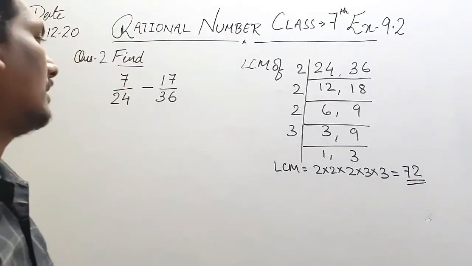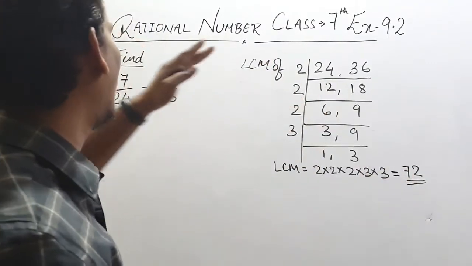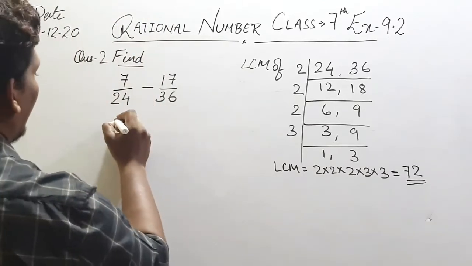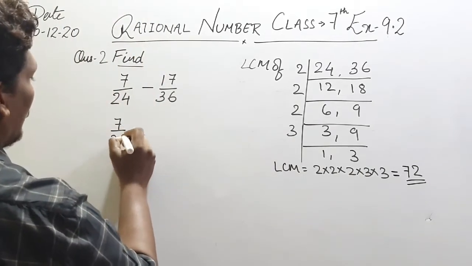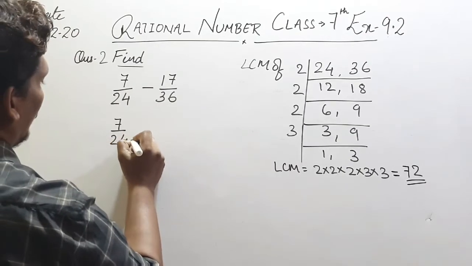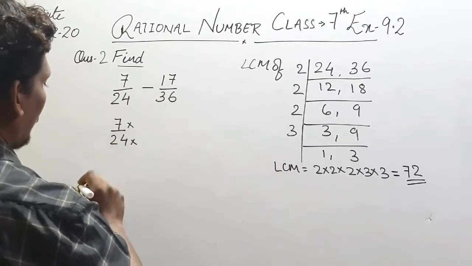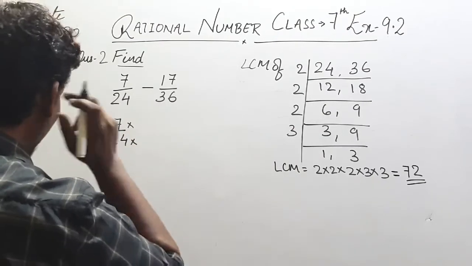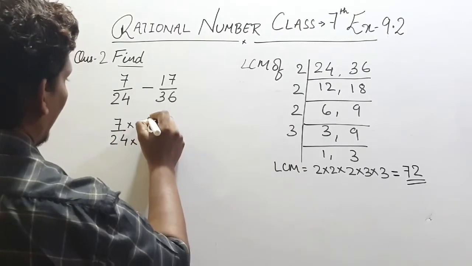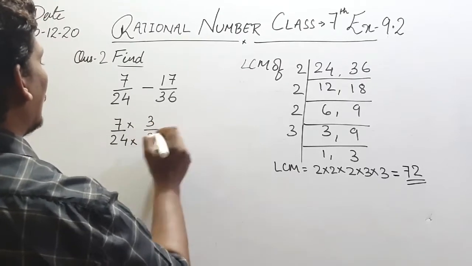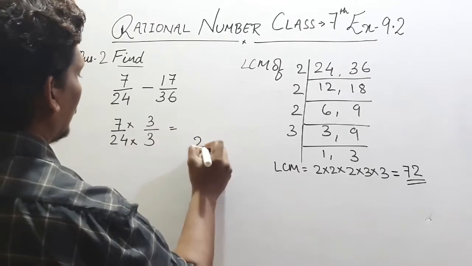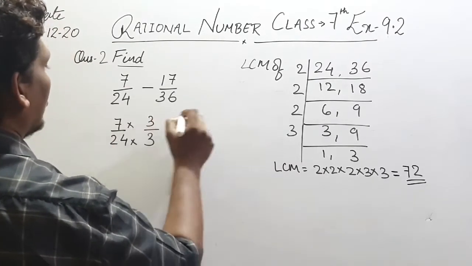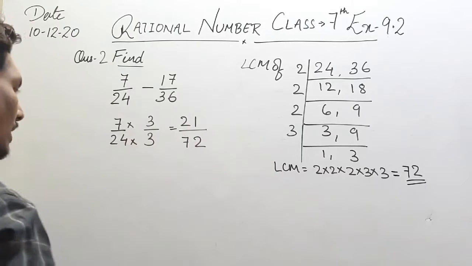After we got the LCM, we just have to make the denominator the same, right? So 7 by 24 into 3, so 3 fours are 12, 3 twos are 6 plus 1 is 7, that is 72, and 7 threes are 21.